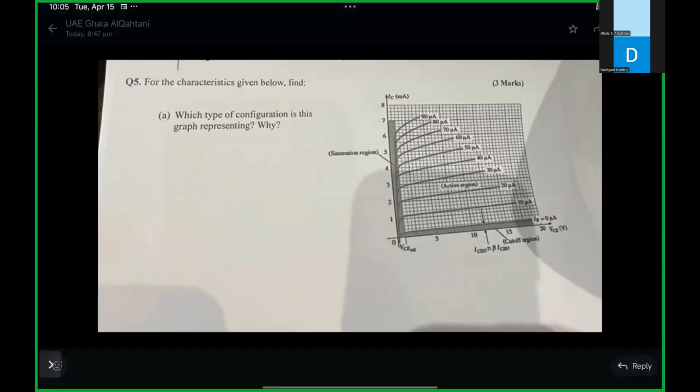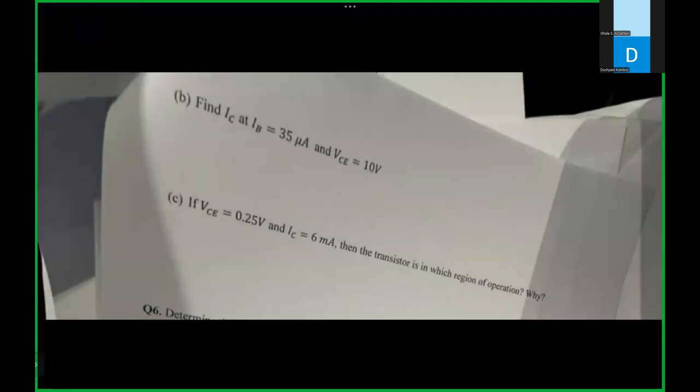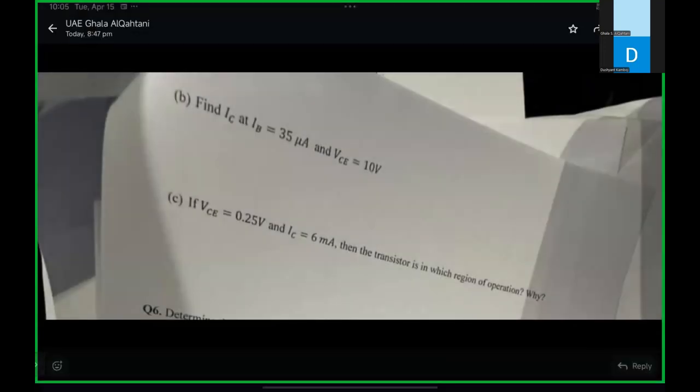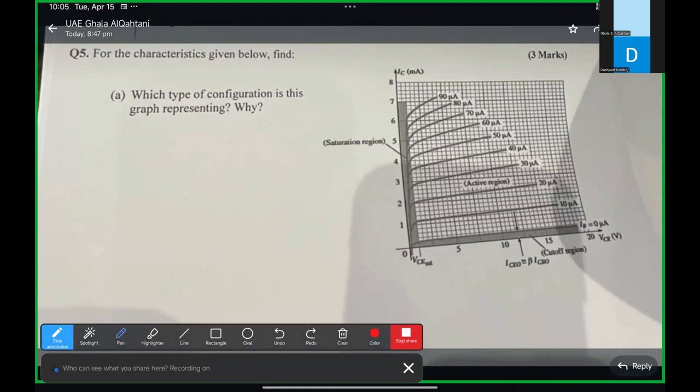Next is what? VCE is 0.25 volts and IC is 6 milliampere. So you have to find the region of operation of the transistor. 0.25, can you see here?